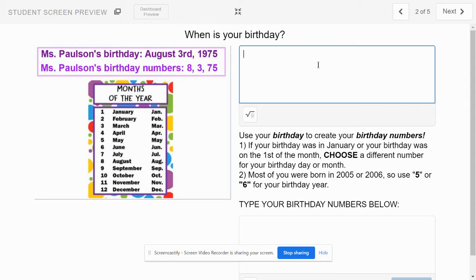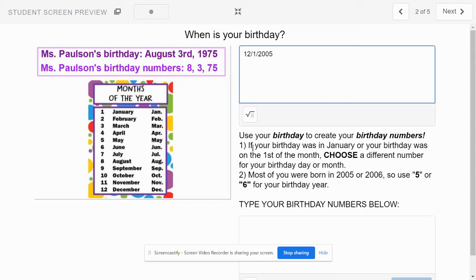Now, your birthday might be December 1st, 2005. This is a student's birthday in our 6th hour 10th grade class. Notice this student was born on the 1st.